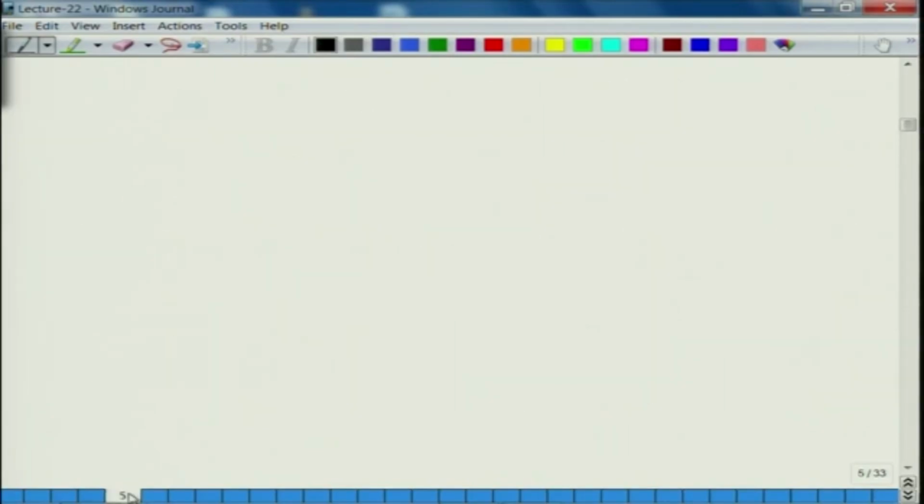Okay. Now, what condition did we put? We have put that this theta will be 0 degree, that means it is the normal radiation. So, solar beam will be normal to the surface plane. Okay. Now, when will this happen?